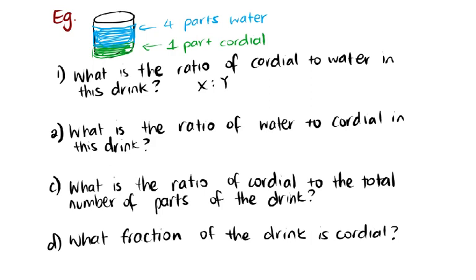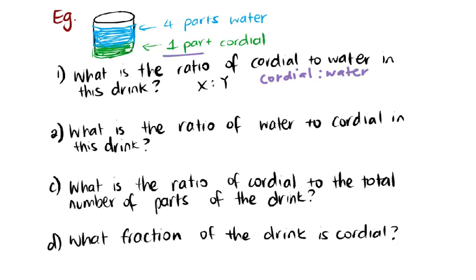Here's another example where we've got a glass of cordial, and for every 1 part of cordial we have 4 parts of water to dilute it. So the first part of the question asks, what is the ratio of cordial to water in this drink? So we want to know cordial to water.